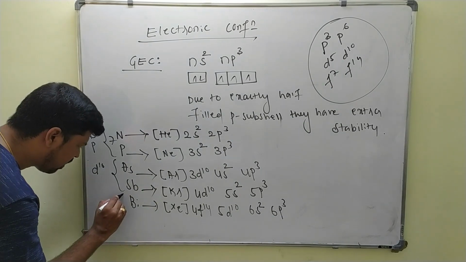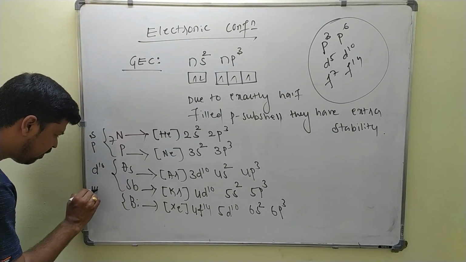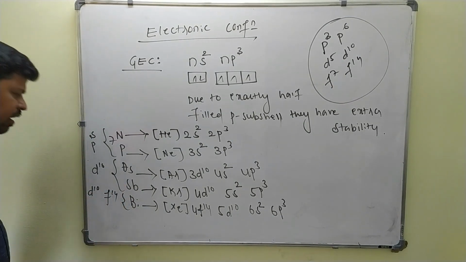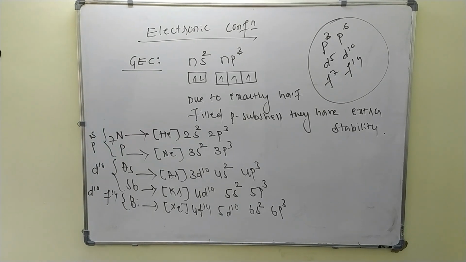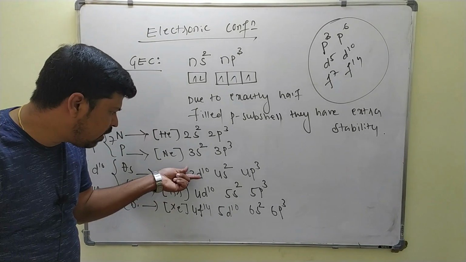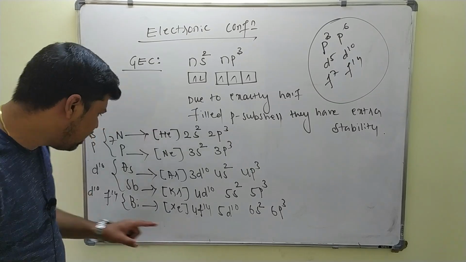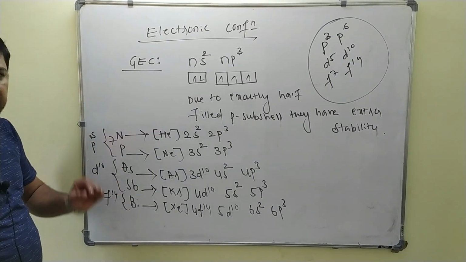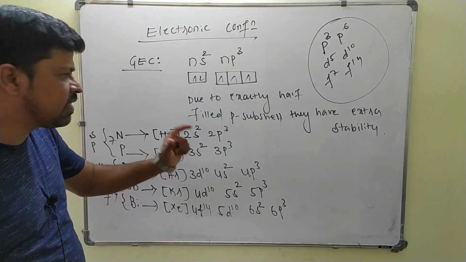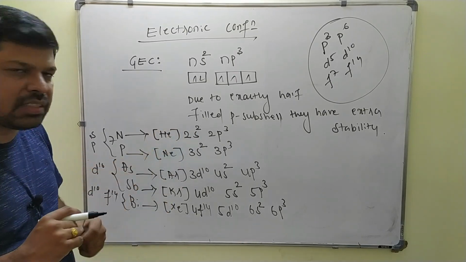Bismuth has a completely filled d orbital as well as a completely filled f orbital in its inner shell. The presence of these completely filled d and f orbitals in arsenic, antimony and bismuth has a significant effect on their physical and chemical properties, which we will discuss later.